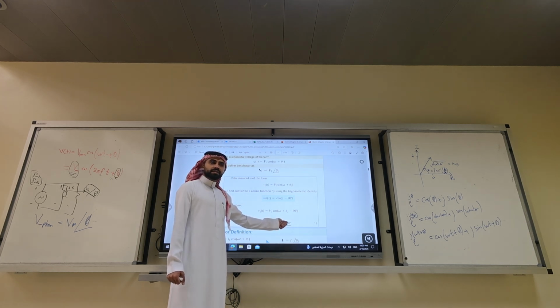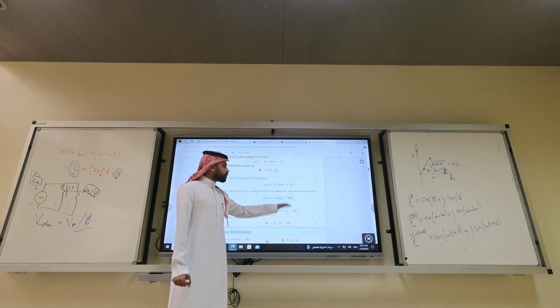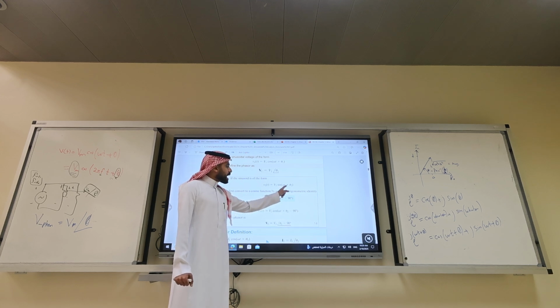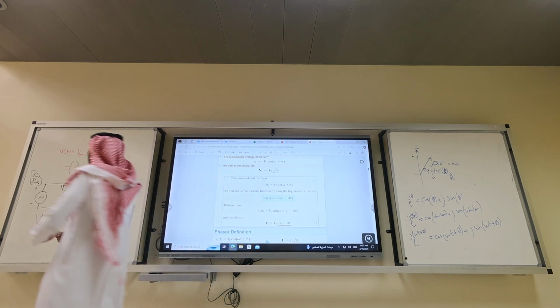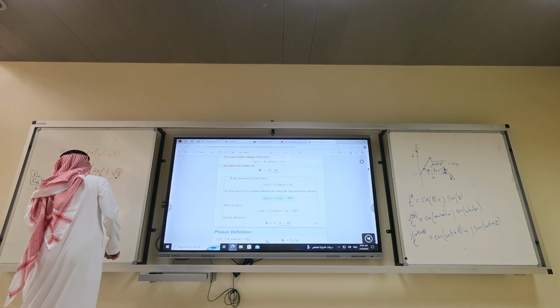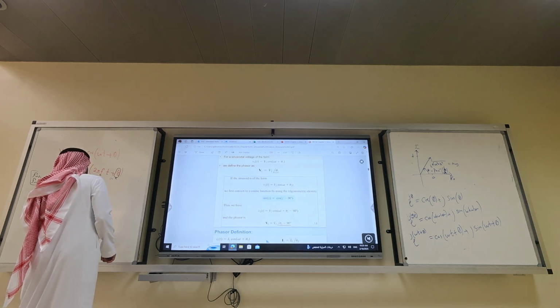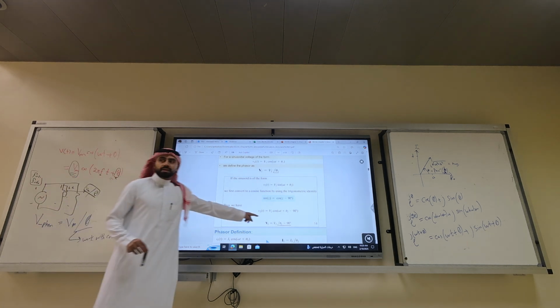To write it as a phasor, you have to put it in terms of cosine first, and then write it as a phasor. Last lecture we explained how to convert from sine to cosine, right? Minus 90. To write it as a phasor, take whatever sine angle and subtract 90, because phasors work with cosines. Do you see why we subtracted 90 here?